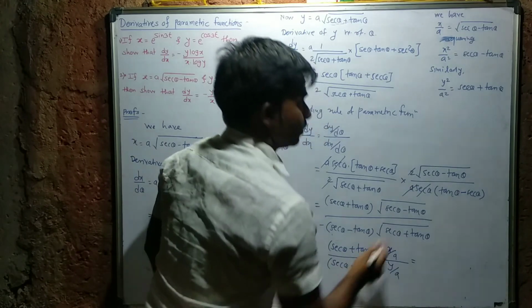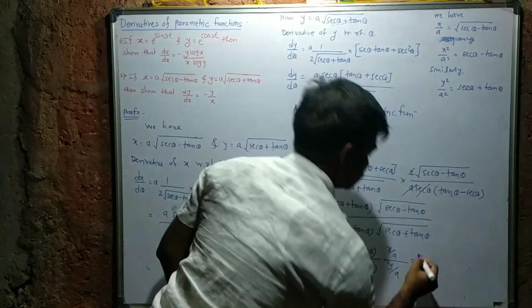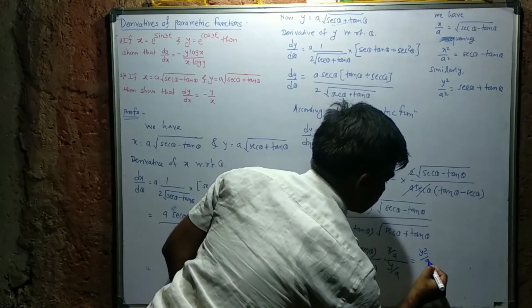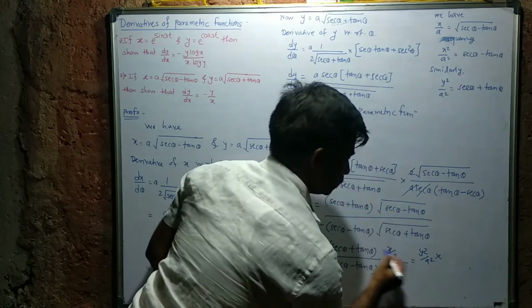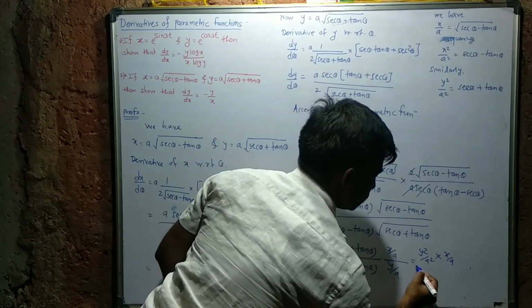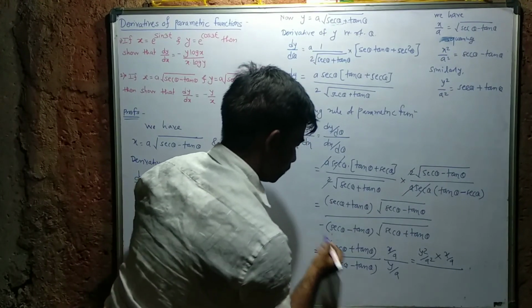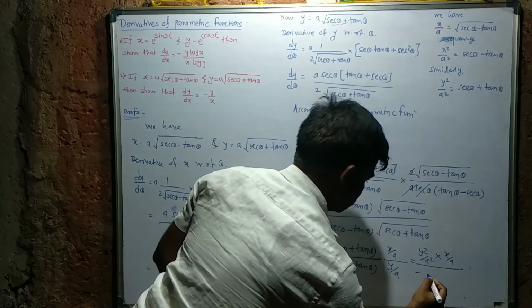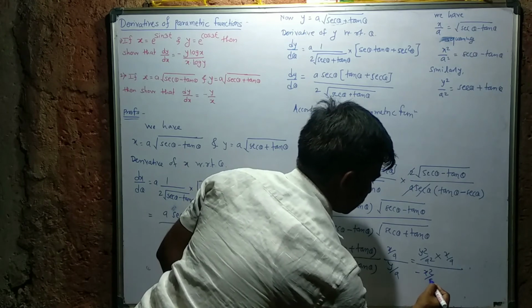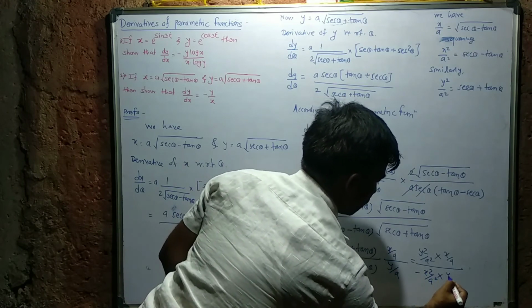Sec theta plus tan theta is y square divided by a square into x divided by a, whole divided by, with the minus sign outside, minus x square divided by a square into y divided by a.